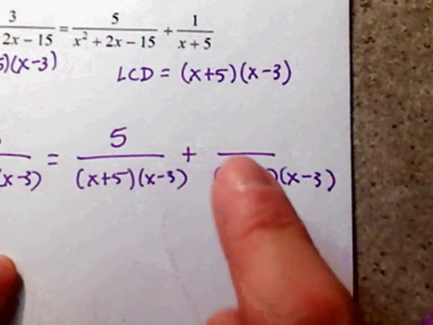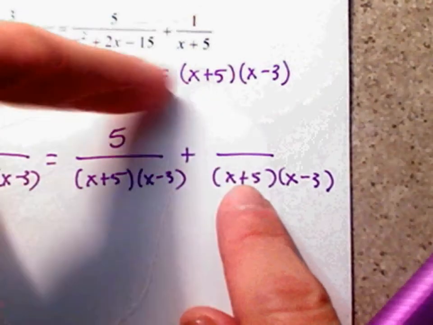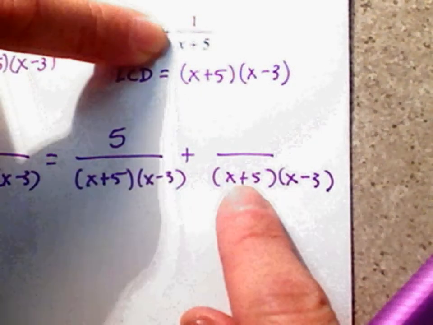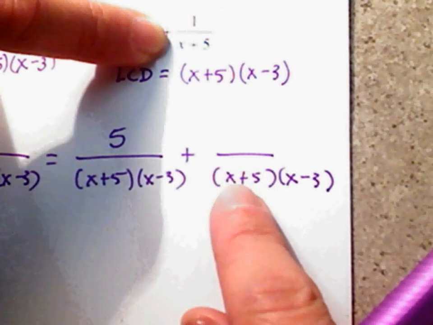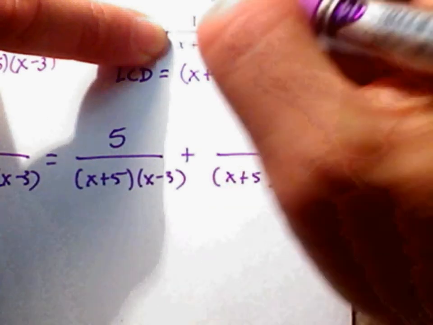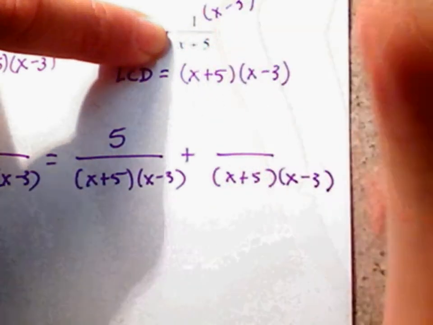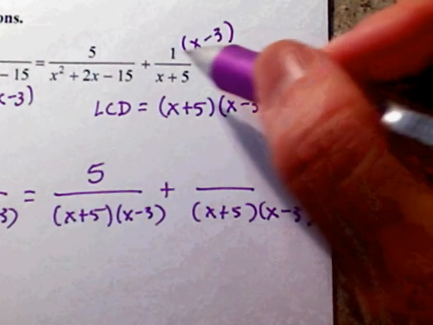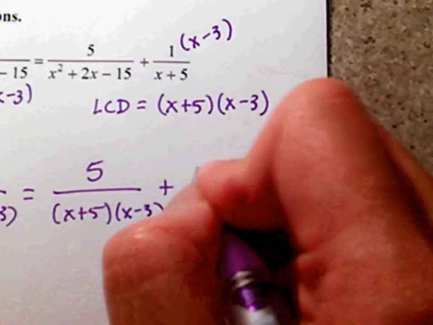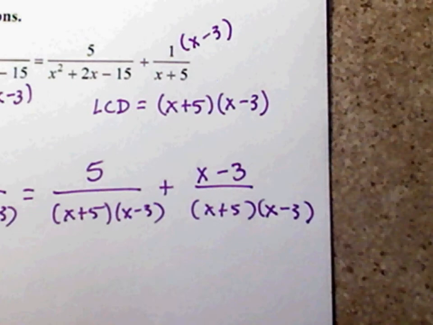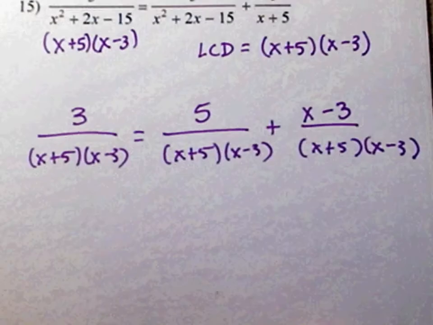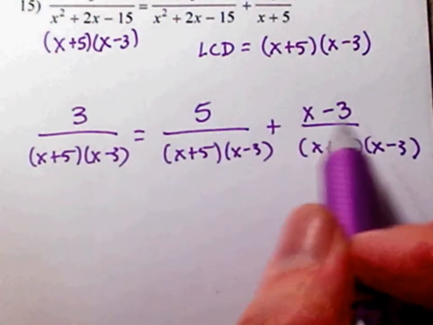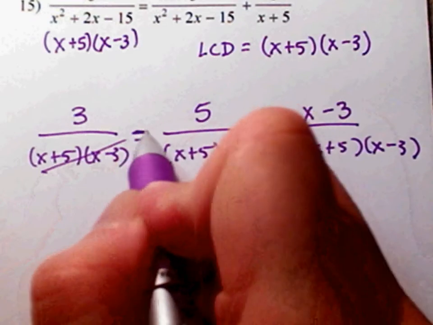Look at this one right here. You have x plus 5 right here. Which one hasn't been accounted for? X minus 3. See that right there? So 1 times x minus 3 is x minus 3. Okay. Now that you got everything filled in, you can do this because there's that equal sign.